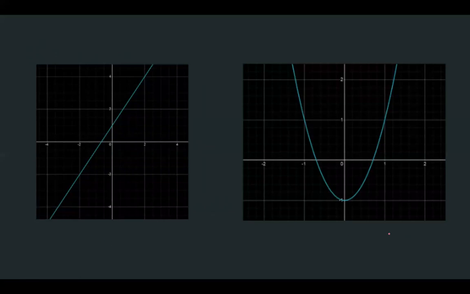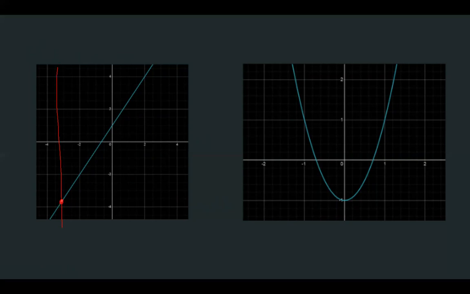We have two graphs here. What we're going to do is draw a vertical line, anywhere, it's up to you. Imagine that this is a straight vertical line.